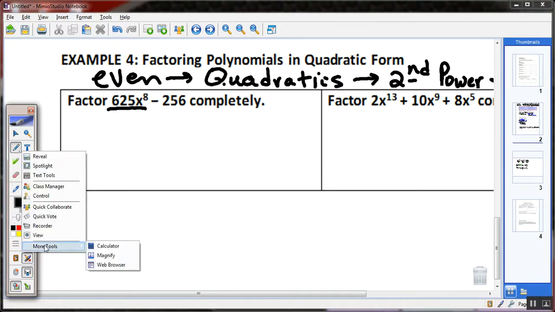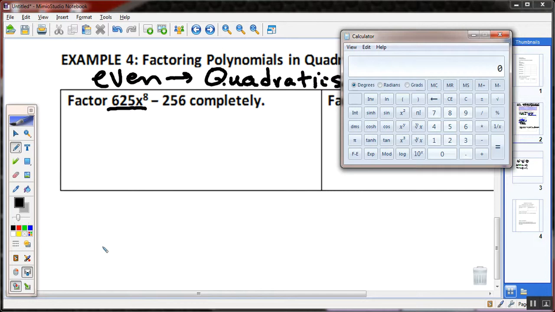If I punch in 625, what's the square root of 625 according to my calculator? 25. Okay, that's interesting. How about the other value in here, 256? Square root of 256 is what? 16. Oh my gosh. Both of them are perfect square values, aren't they?